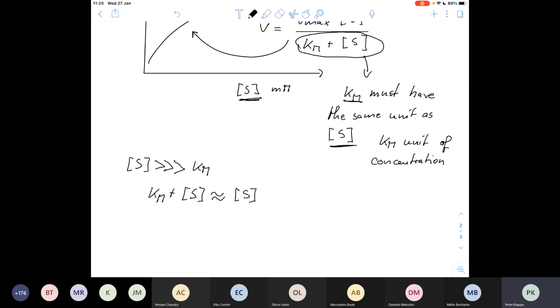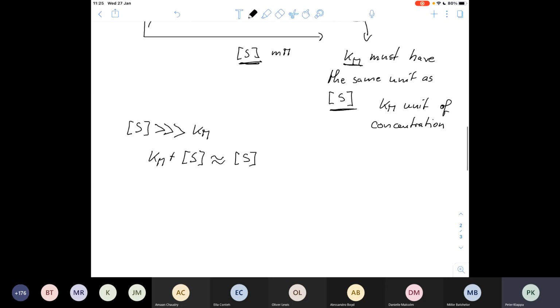If you don't believe me, you can very easily check that. Let's say for Km we put in 1, and for S we put in 1000. Undoubtedly 1000 is much, much larger than 1.